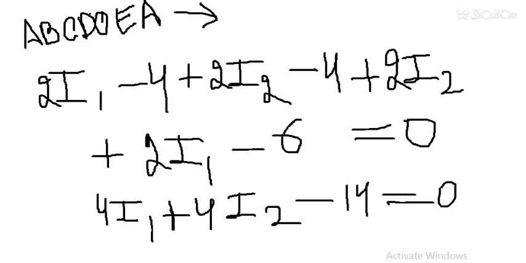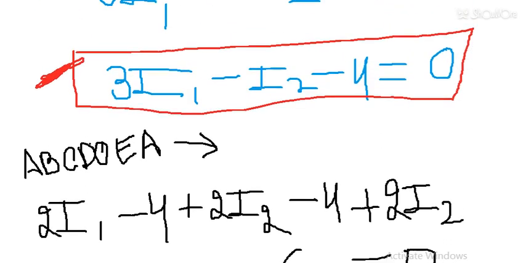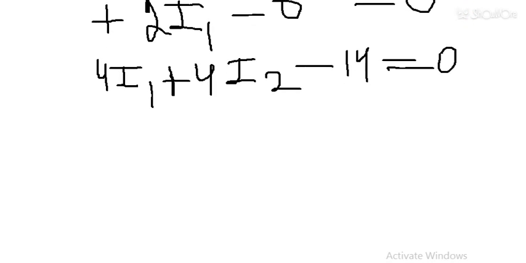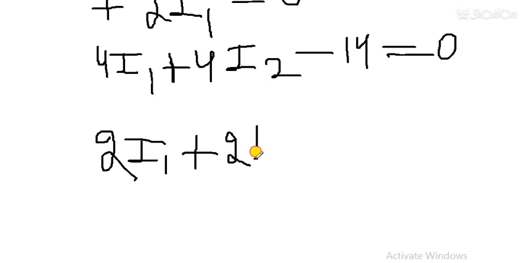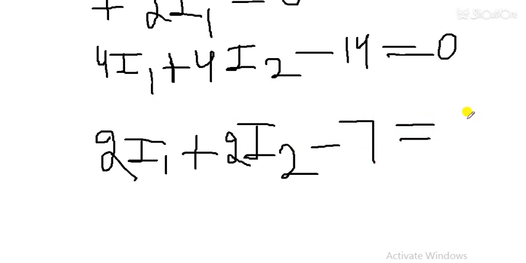Students, what I can do here, I will take 2 common here, so it will be 2I1 plus 2I2 minus 7 equal to 0.